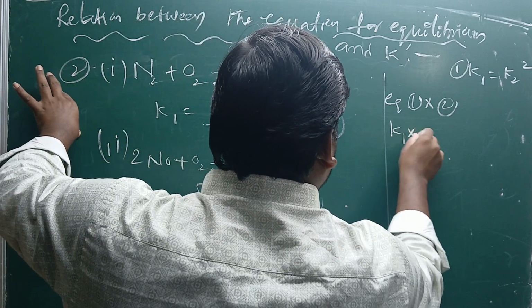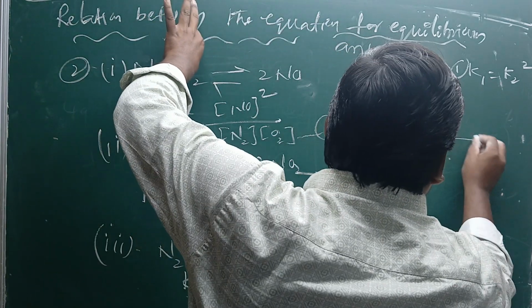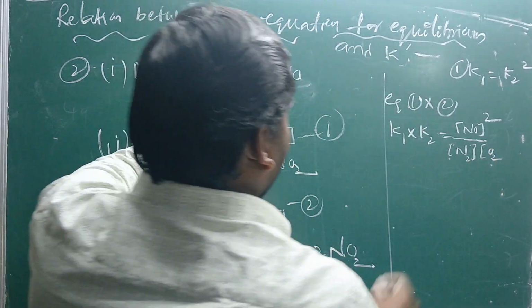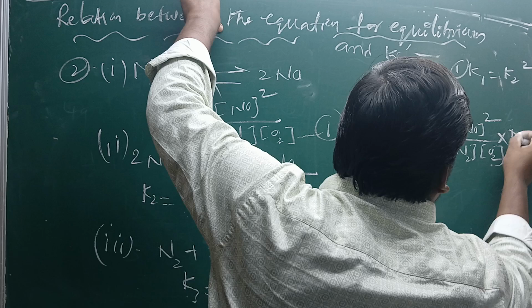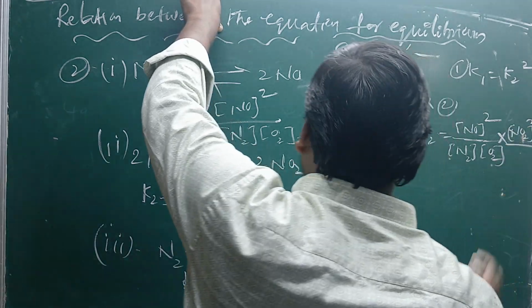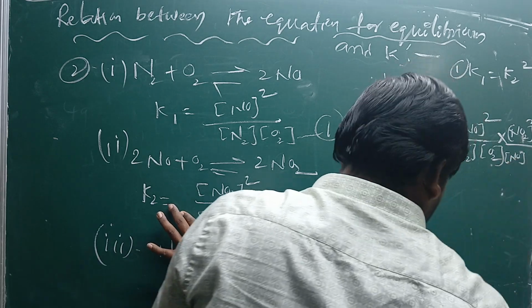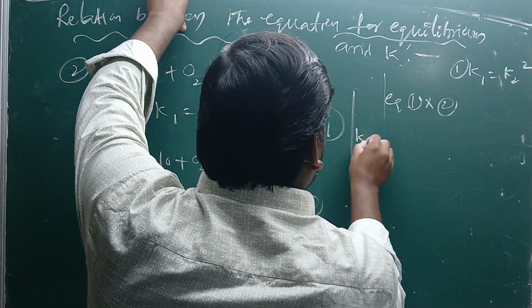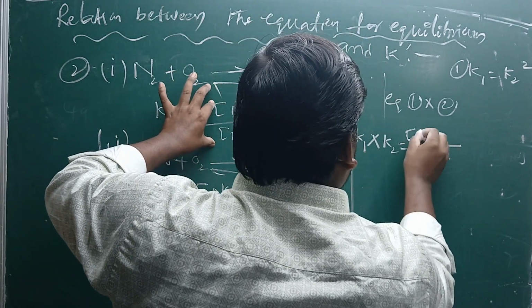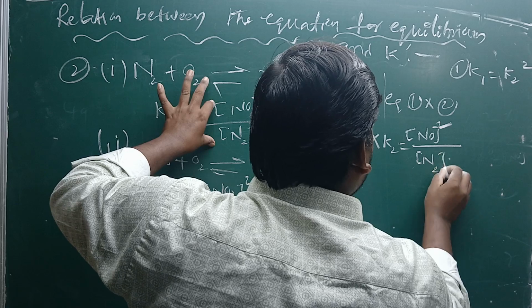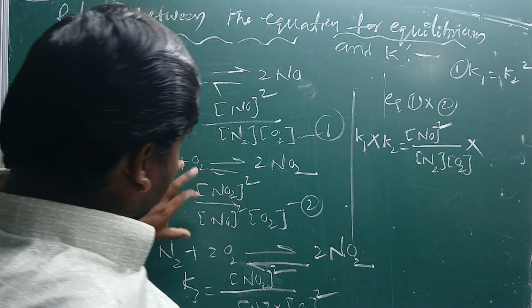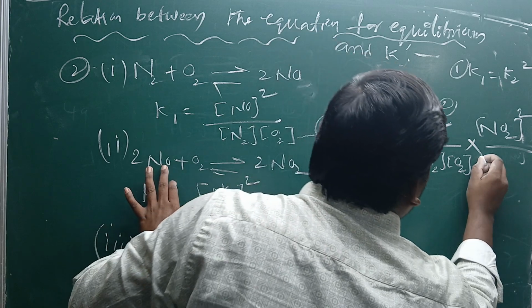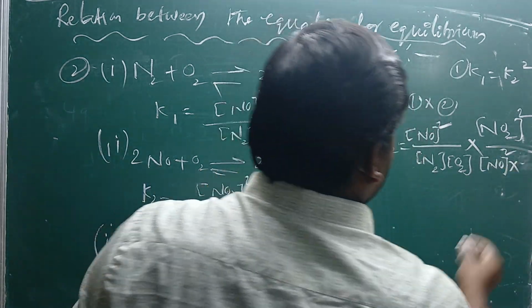K1 into K2: concentration of NO whole square by concentration of N2 into concentration of O2, multiplied by equation 2, concentration of NO2 whole square by concentration of NO whole square into concentration of O2.